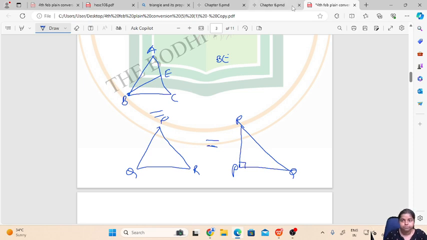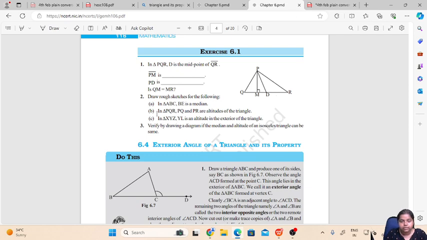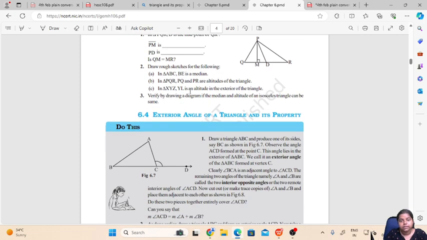Okay, we have done that. Now, in triangle XYZ, YL is an altitude in the exterior of the triangle. So here they have told us that in triangle XYZ we have to draw YL, an altitude that is in the exterior of the triangle. That is possible in the case of an obtuse angle.